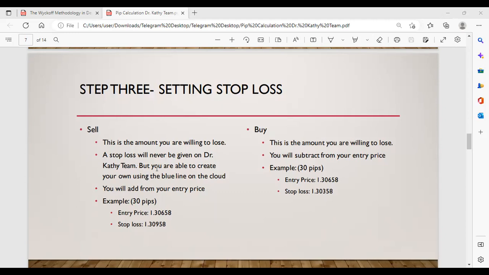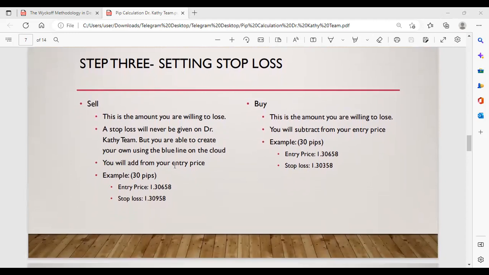But you are able to create your own using the blue line on the cloud. So you will add from the entry price, example 30 pips. They give the entry price and you get your stop loss 30 pips. So on the sell we added 30 pips, that gave us 958.